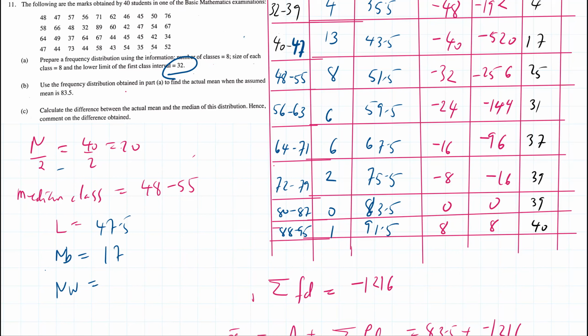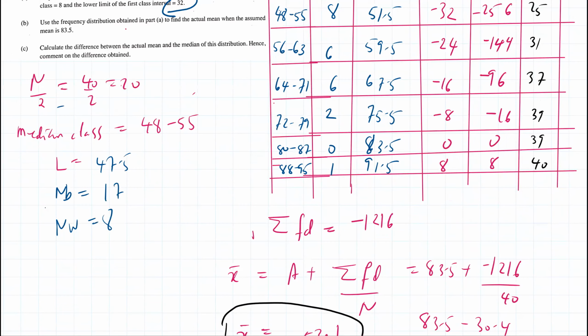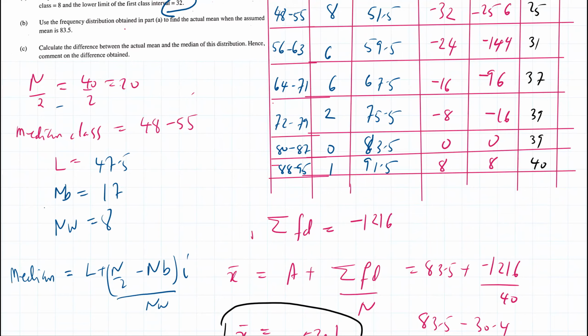And the frequency of the median class is going to be 8. So basically the median is L plus N over 2 minus B, divided by the frequency of the median class, multiplied by the class size.